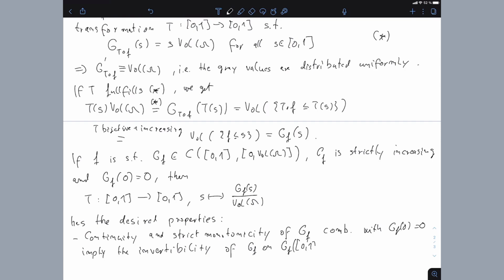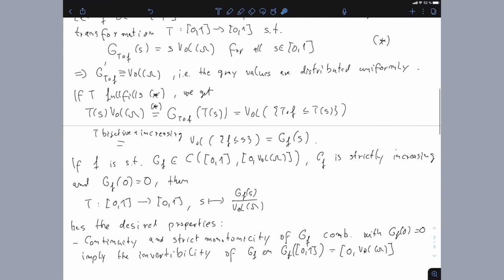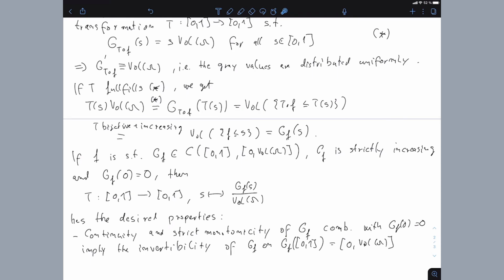So on GF of 0, 1. But GF of 0, 1 is the entire 0, volume of omega. Yeah, so we already know that GF of 1 is volume omega, with the extra assumption GF of 0 equals 0, that's 0 here. Yeah, and something that is continuous and strictly increasing is always invertible. Yeah, so that's how the assumptions go together to give us invertibility.